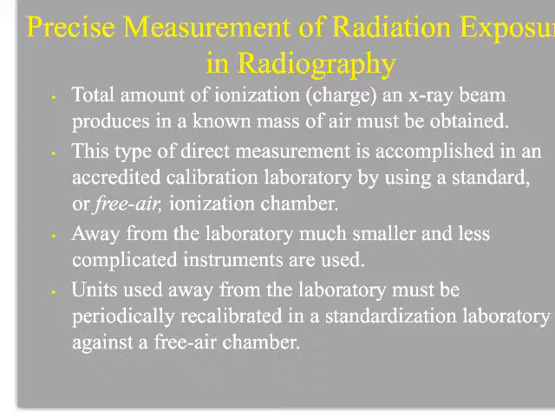Away from a laboratory, we are going to use very, very small and less complicated instruments to make the measurements, so like the ion chamber or the Geiger-Müller counter. And we're going to have to send off our Geiger-Müller counters and stuff back to the lab to be recalibrated. I think it's once every 13 months or something like that.